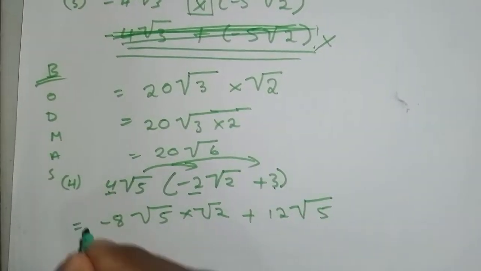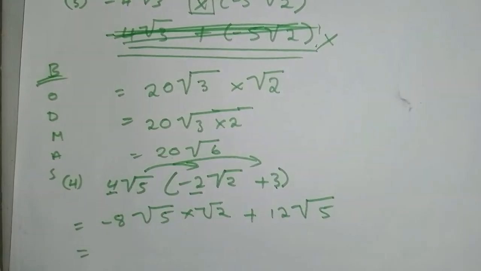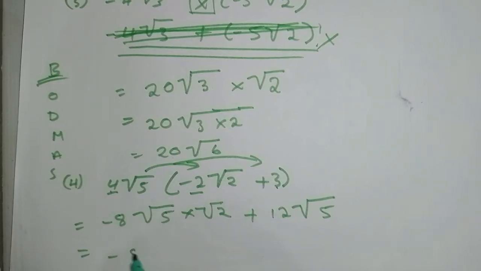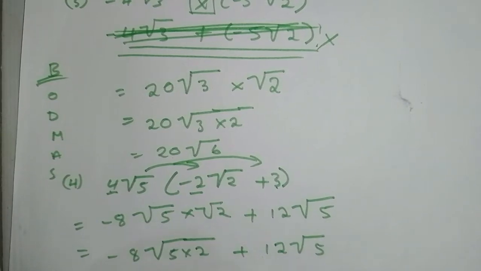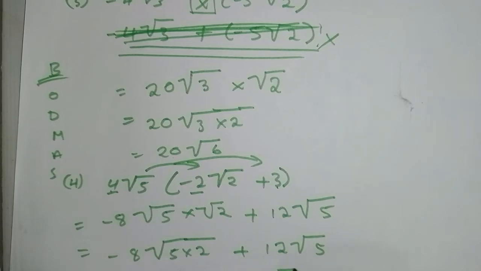And then this will just give me negative 8 root 5 multiplied by 2 plus 12 root 5, right? Then this will just give me negative 8 root 10 plus 12 root 5. Then I'm done with this one.